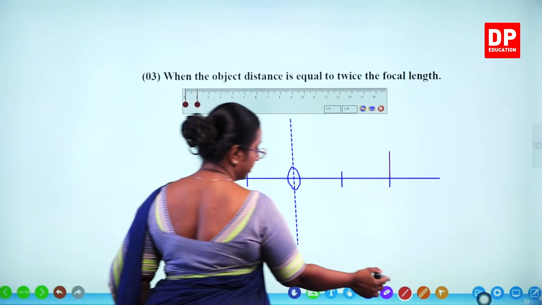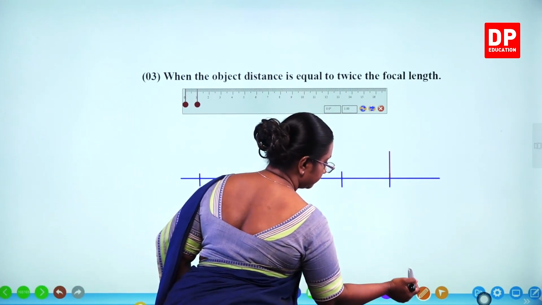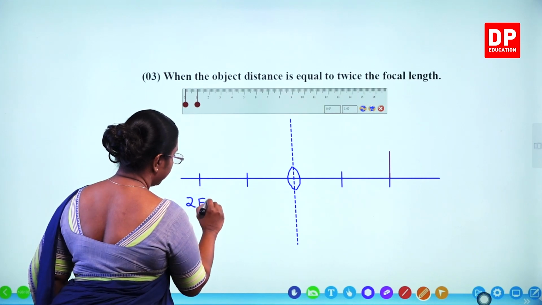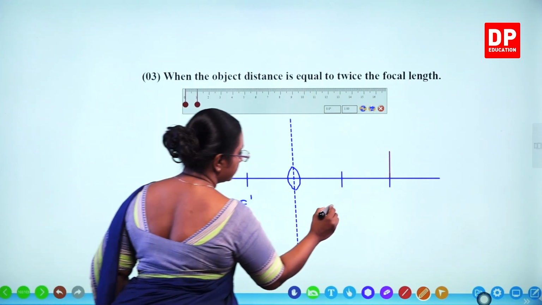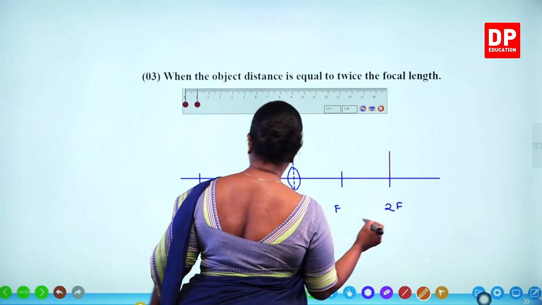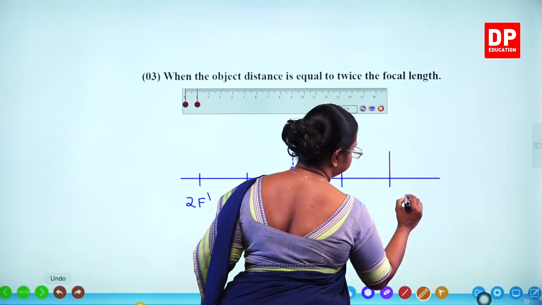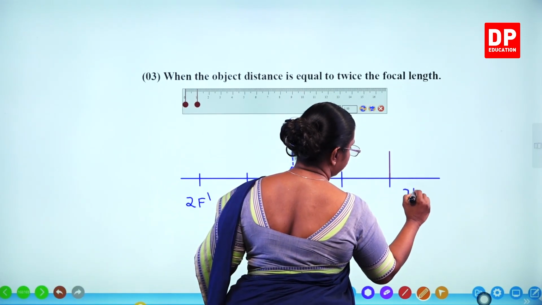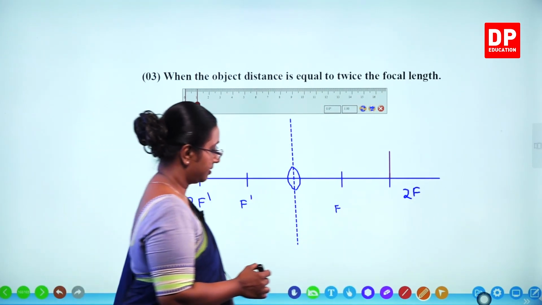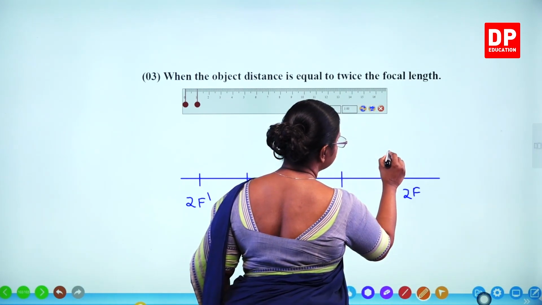So before I do that, this is 2F', F', F, 2F. I will write the 2F there, and the object is this. I'm using a different color for the object.